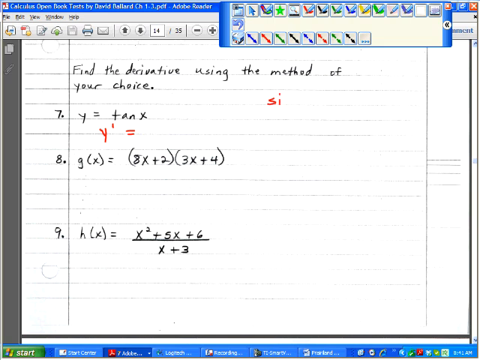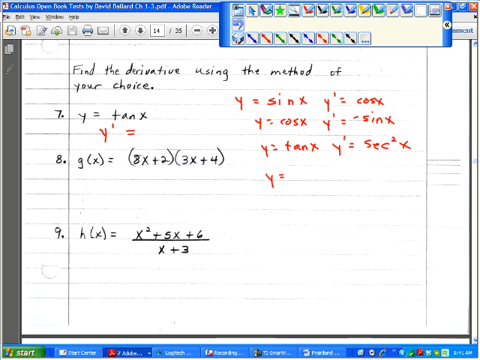What is the derivative of sine x? If we had y equal sine x, then y prime would be cosine x. If we had y is equal to cosine x, then the derivative would be negative sine of x. If we have y is equal to the tangent of x, then the derivative is secant squared x. Excellent.